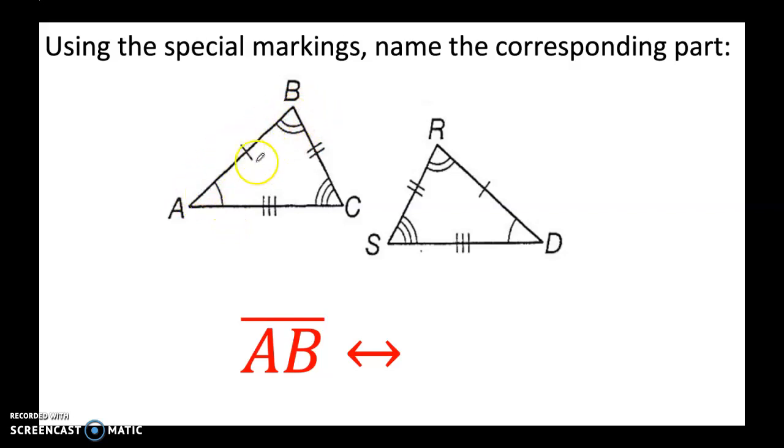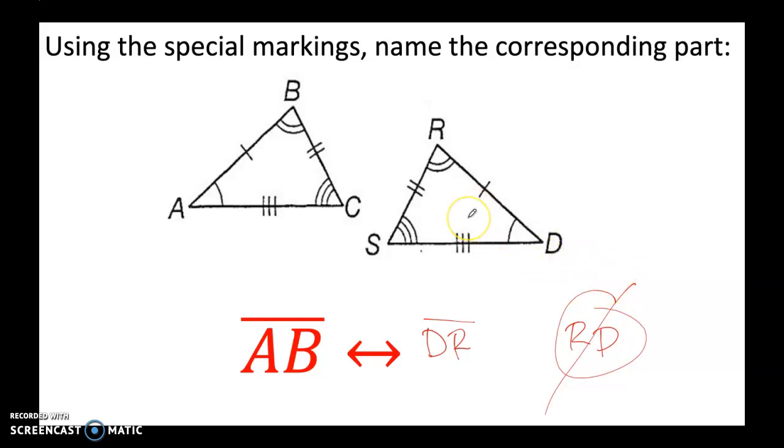Then the marking for the segment is one, so we look for one tick marking and we start from D to R. Therefore, segment AB corresponds to segment DR. Again, it will not correspond to RD because they have different markings for the arcs.